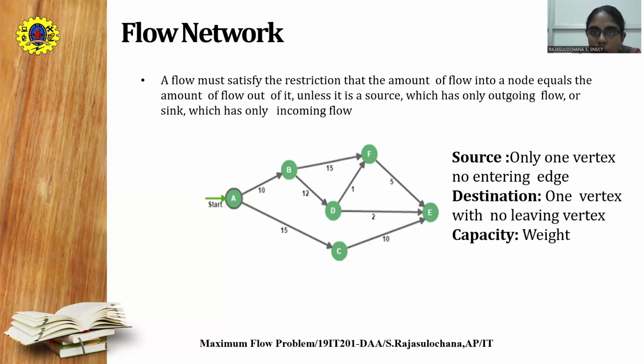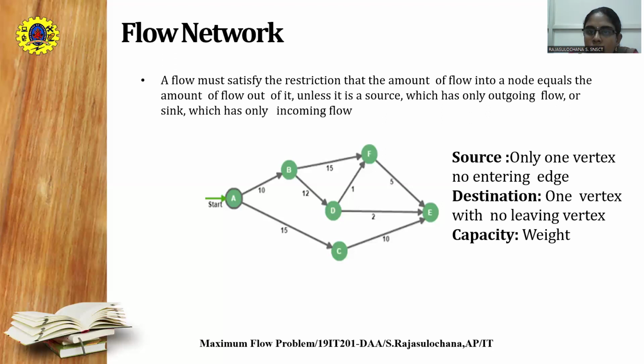It has only outgoing flow. So in this case, the incoming flow will not be equal to the outgoing flow. This is applicable only for the source node. A source is a vertex with no entering edges and a destination is a vertex with no leaving edges.